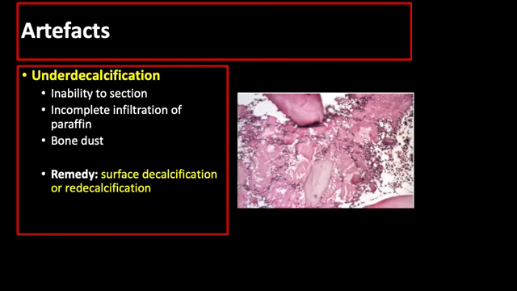And in the event that you under decalcify the tissue, the effects are inability to section because it is still hard, incomplete infiltration of paraffin, presence of bone dust as shown in the picture on the right, and to remedy under decalcification, you may perform surface decalcification or even do re-decalcification.